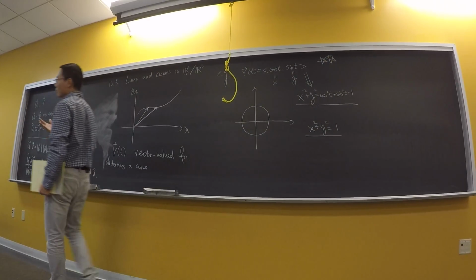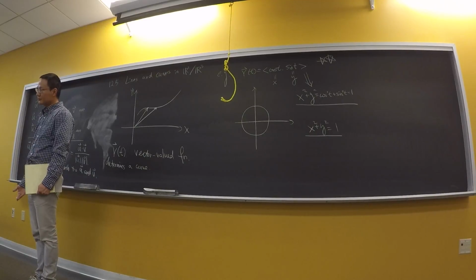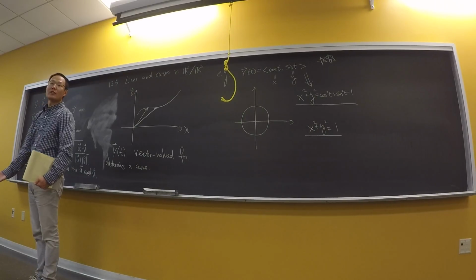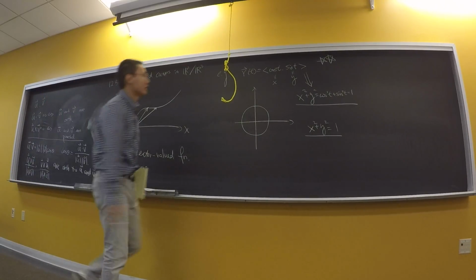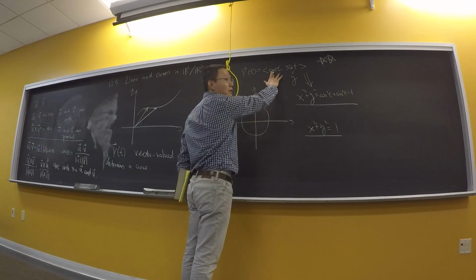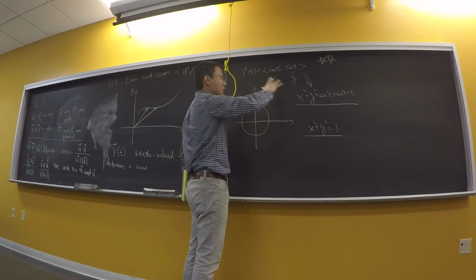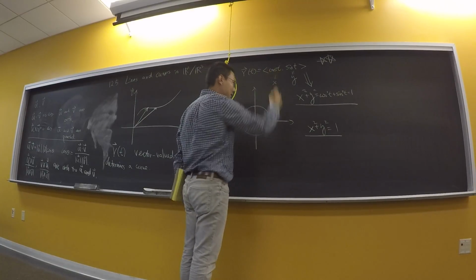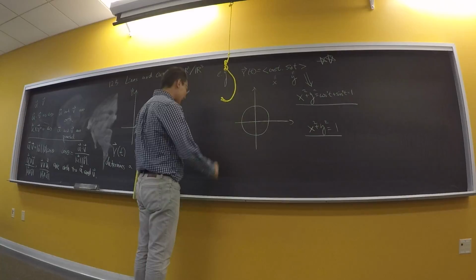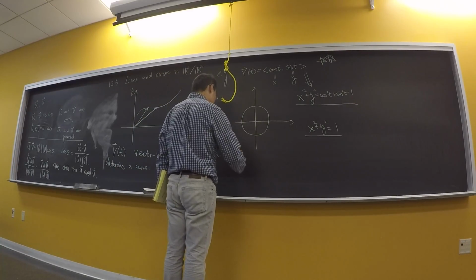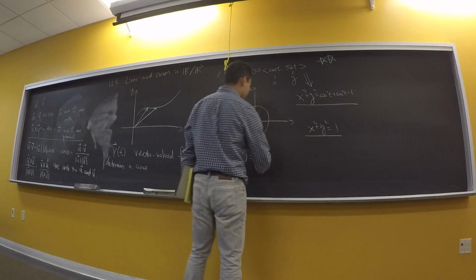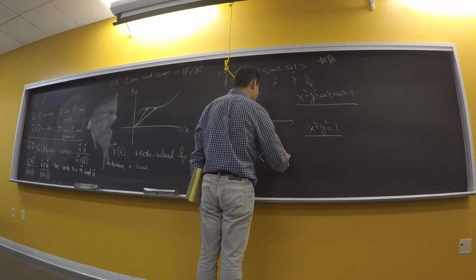So if I ask you what is the equation for a circle, before this class you probably know x squared plus y squared is equal to 1. But also I want you to be able to recognize this is also defining a circle. Are you with me? Remember this guy.